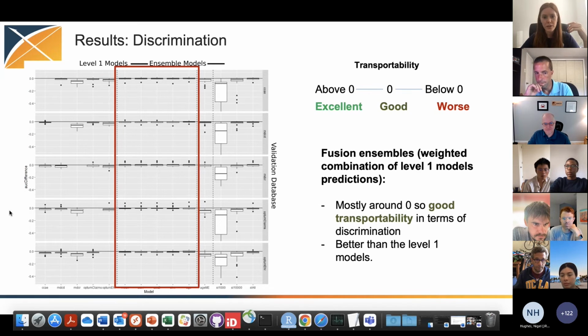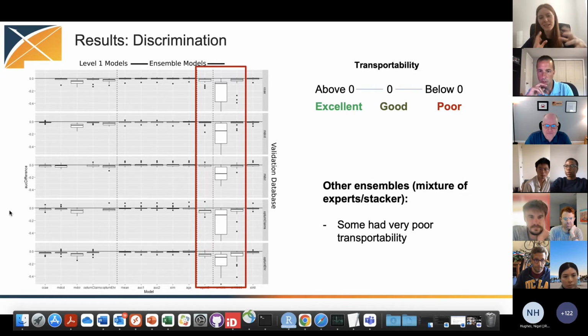But if we look at the fusion ensembles, where we combined the database models, they're all pretty much around 0. They performed as well on new data as if you had fit a model in that new data. So these performed extremely well in terms of discrimination. We had some other ensembles, like the mixture of experts and the stackers, and these didn't do as well.